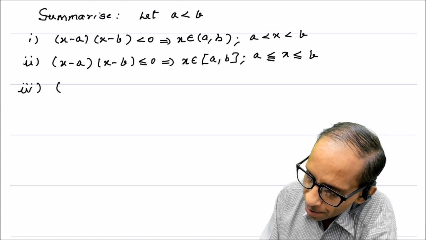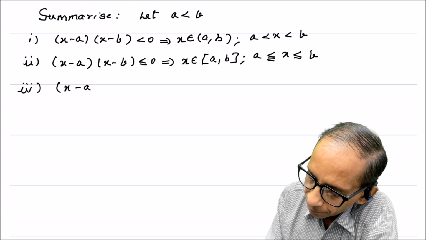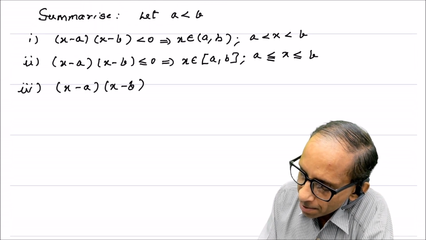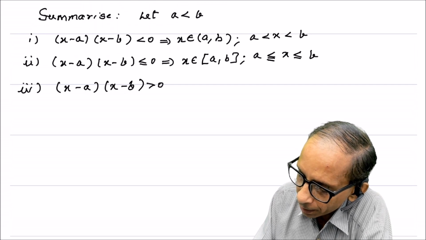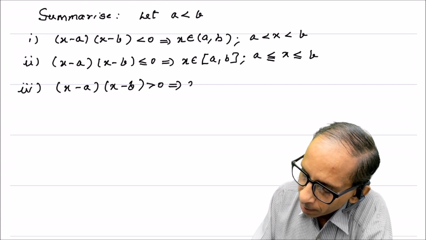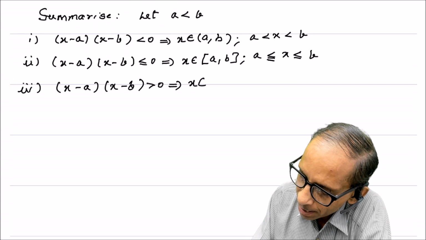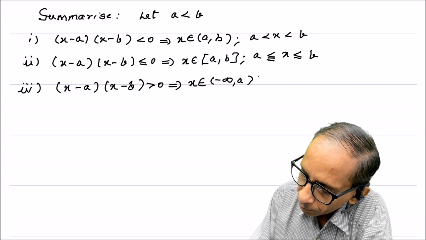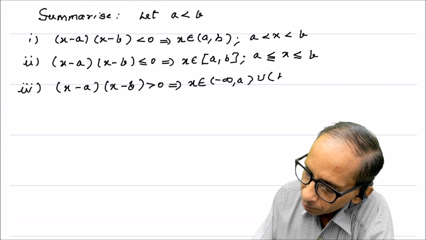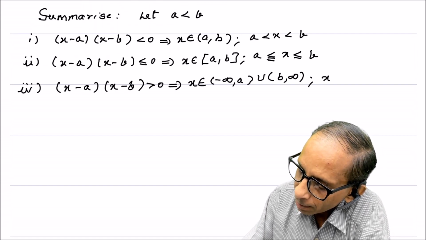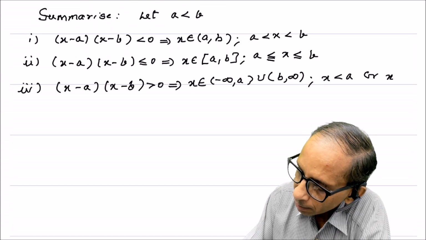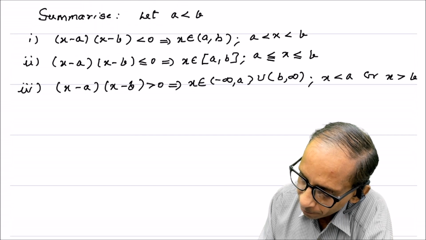The third is x minus a into x minus b greater than 0. This meant that x belongs to, that is x is less than a or x is greater than b.